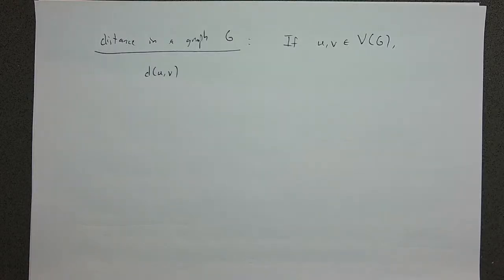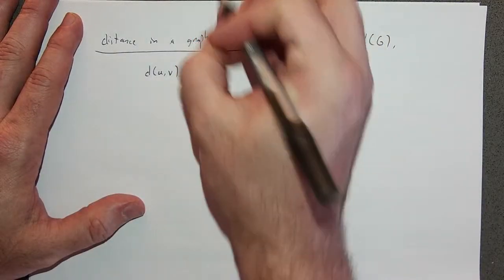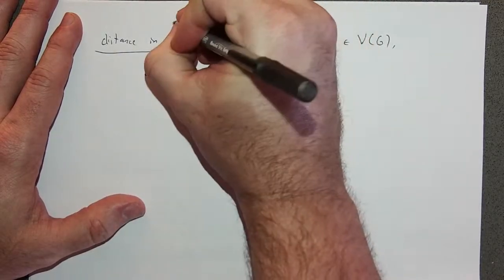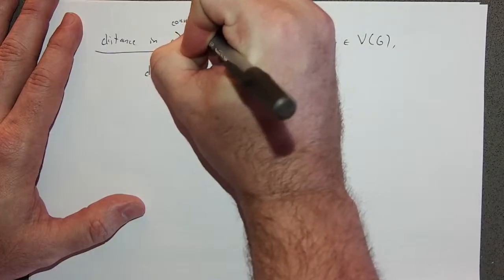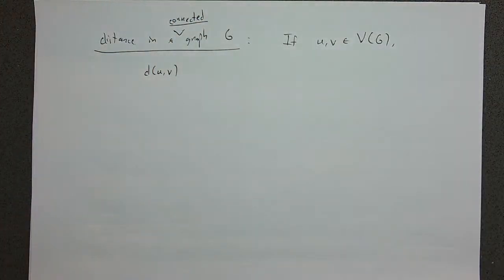Actually, let's say, for now, distance in a connected graph G. This is not a big deal. You might think it is initially, but it's actually not a big deal at all, and we'll see how to ameliorate this for a generic graph.